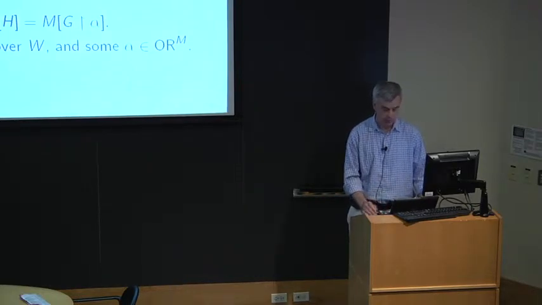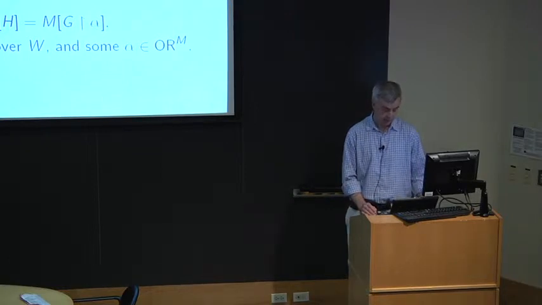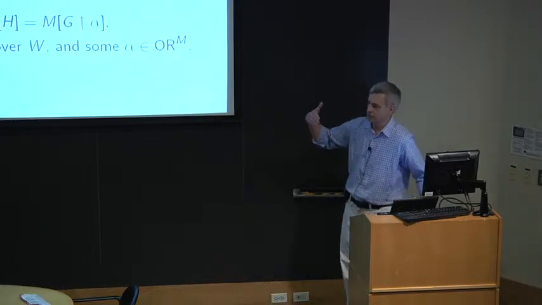Okay, the natural way to get a model of the multiverse theory out of an ordinary model of ZFC is the following. Basically, we do all of the set forcing that you can do.